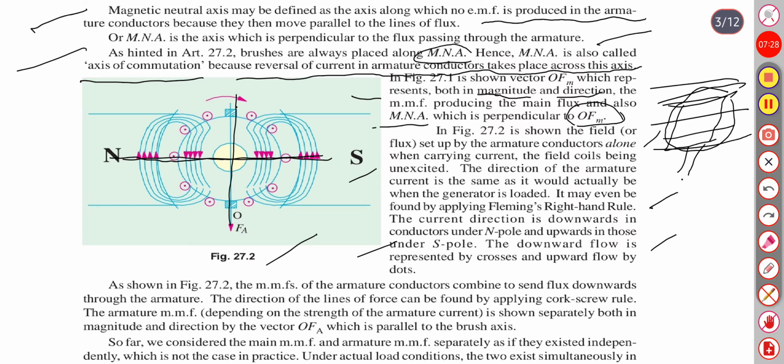If this is a dot, as seen here, then it shows that the flow of current is upward.